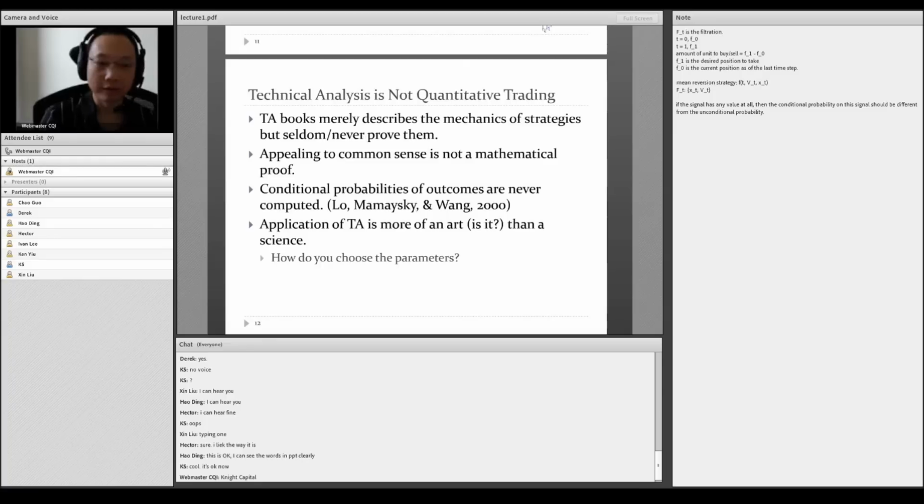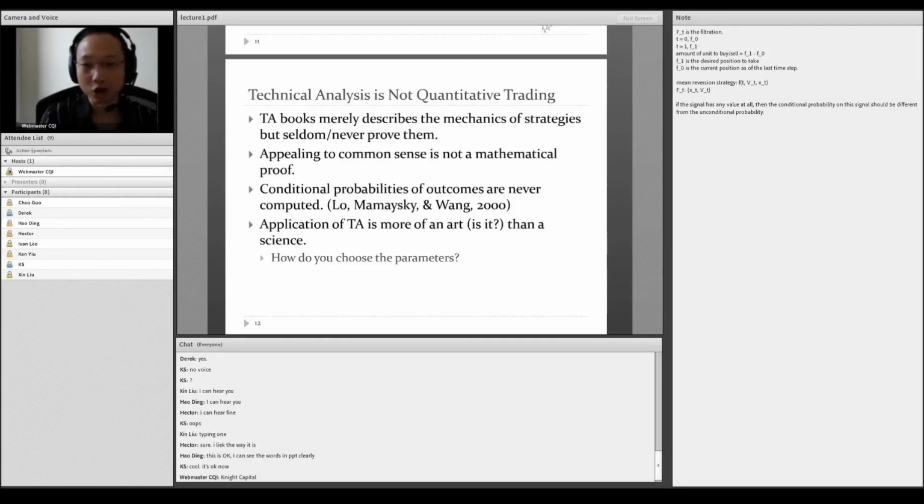Moving average crossover strategies are never evaluated from the perspective of conditional probabilities. So we don't know whether the conditional probability conditional upon the crossover is different from the unconditional probabilities. We don't know that. So this strategy is not justified from a scientific perspective using these particular methodologies.